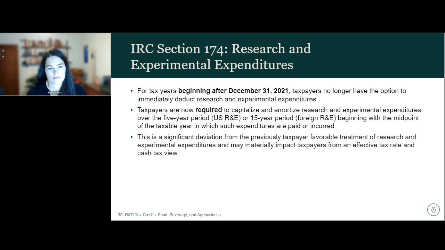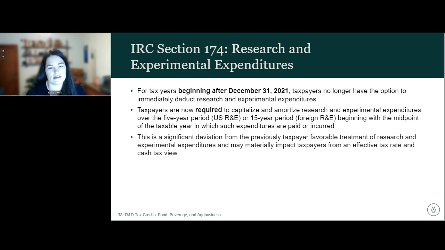However, under the Tax Cut and Jobs Act, as of January 1st, 2022, taxpayers are now required to capitalize and amortize research and experimental expenditures. If they are U.S.-based expenditures, that amortization is over a 5-year period. If they are non-U.S. based, it is over a 15-year period with half-year convention.